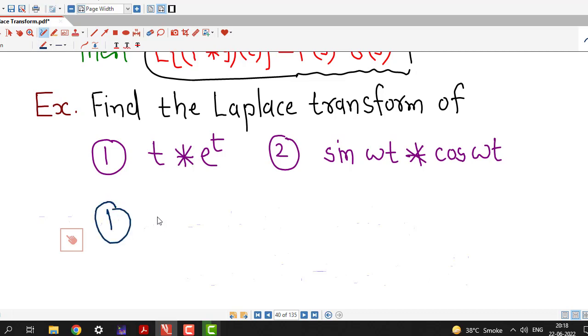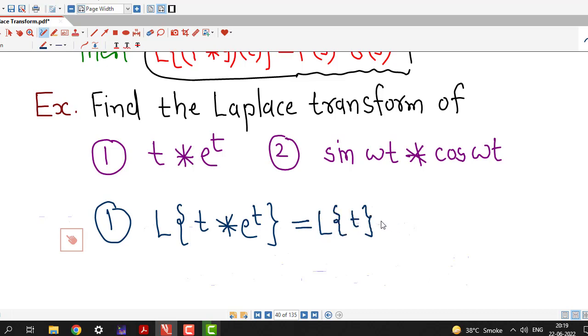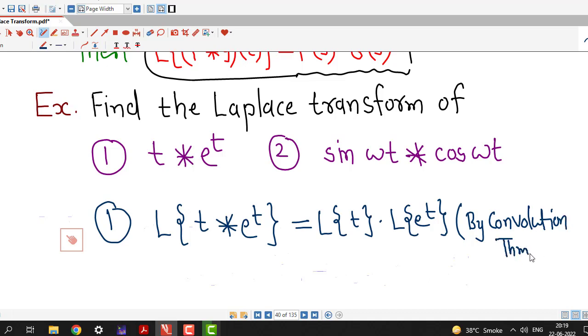functions. First function is convolution of t and e raised to t. So by convolution theorem I can simply write this is equal to Laplace transform of t into Laplace transform of e raised to t, and here we mention that by convolution theorem, and we have ready-made formulas for the Laplace transform of these two functions.